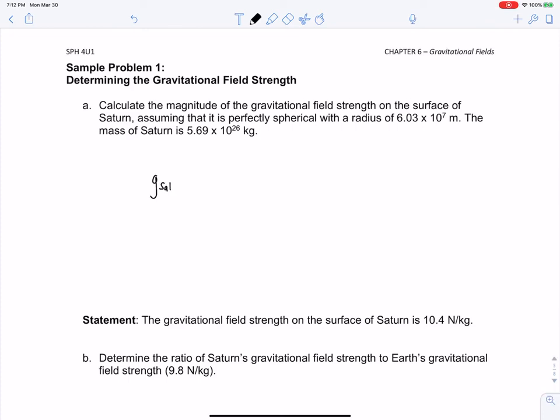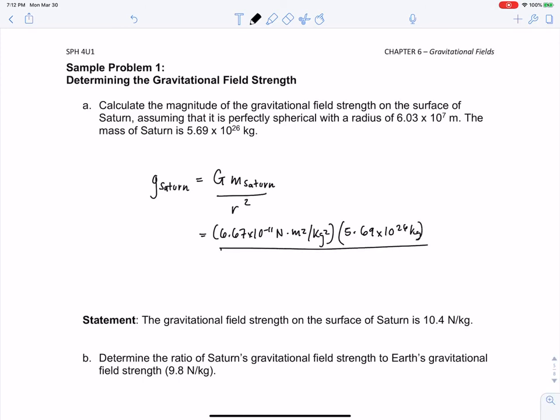So the gravitational field intensity on Saturn is equal to G times the mass of Saturn divided by the radius of Saturn squared. Sub in our values, 6.67 times 10 to the power of negative 11 newtons times meters squared per kilogram squared, times the mass of Saturn, 5.69 times 10 to the power of 26 kilograms, and divide this by the radius of Saturn, which is 6.03 times 10 to the power of 7 meters.